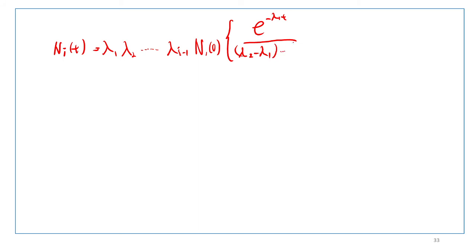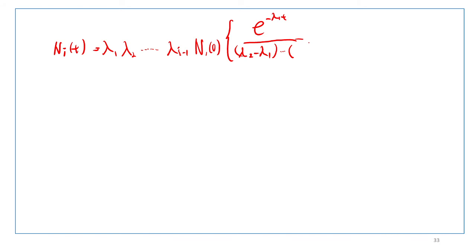Okay, and then lambda 2 lambda 1, lambda 3, next is lambda 3 lambda 1.